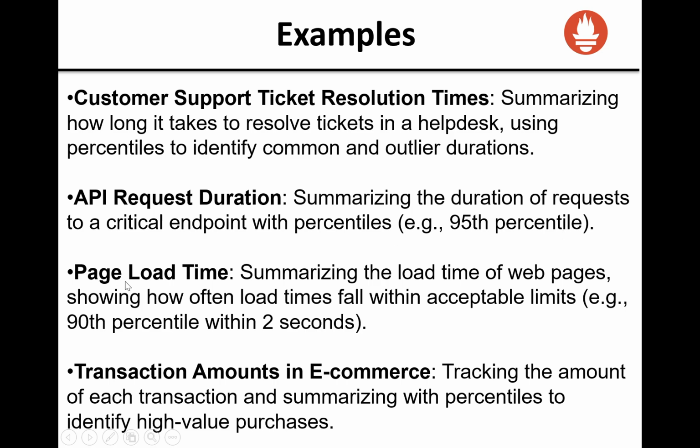The third example is page load time. Here, summarizing the load time of web pages, showing how often load times fall within acceptable limits, like 90th percentile within 2 seconds. The fourth example is transaction amounts in e-commerce, tracking the amount of each transaction and summarizing with percentiles to identify high value purchases.